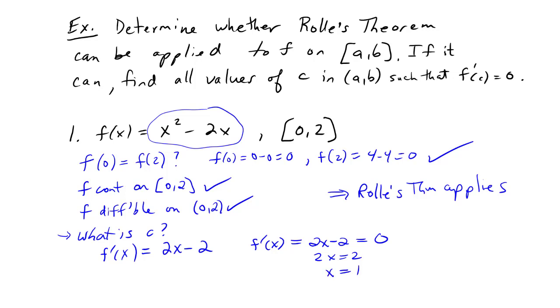And note that at x equals 1, the derivative is 0, and 1 happens to be in our interval. So this means that the c value we were looking for is indeed 1.